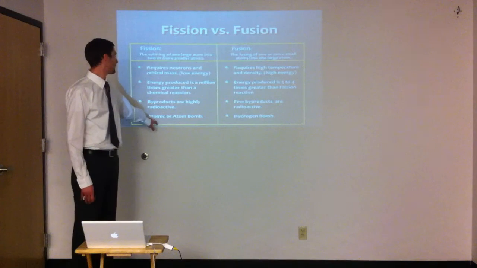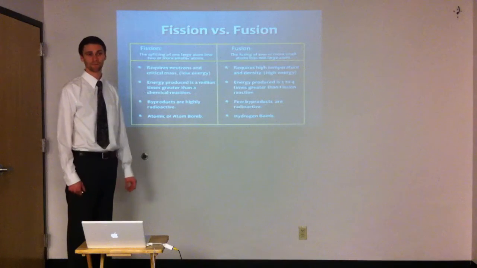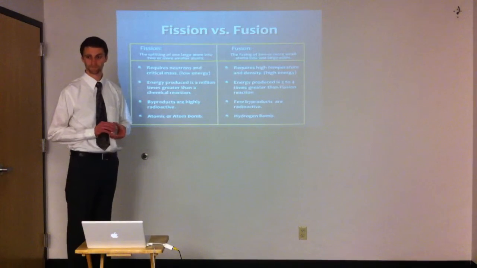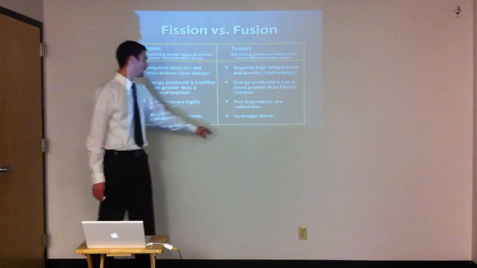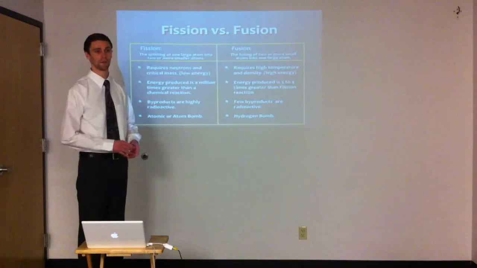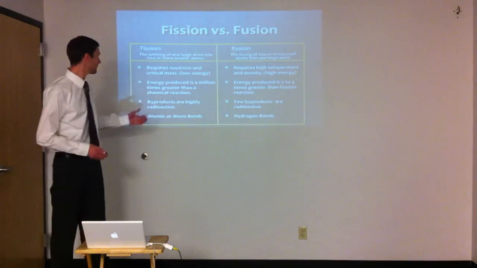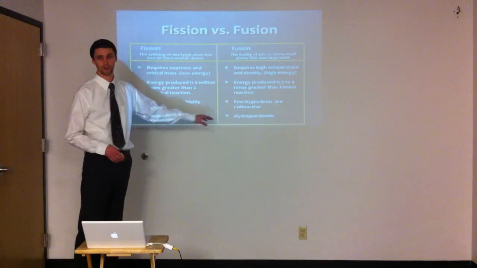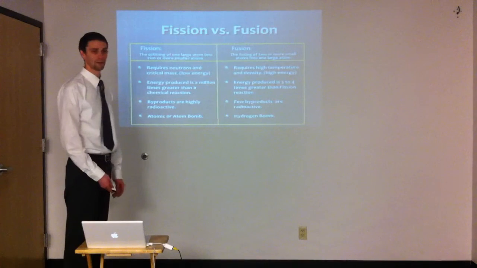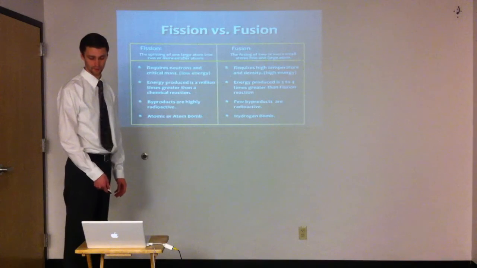Fission is used in the atomic or atom bomb. These were the bombs that were dropped on Hiroshima and Nagasaki, or fission bombs. Today's hydrogen bombs use a fusion process. They actually combine both. They use a fission explosion to trigger the fusion reaction. And those bombs are 100 times more powerful than a fission bomb.